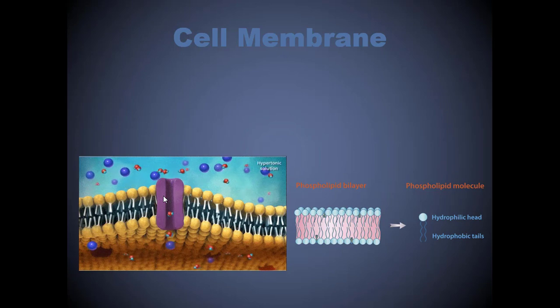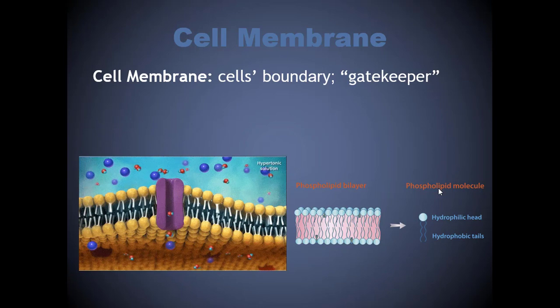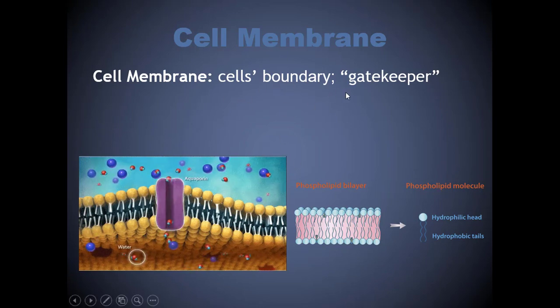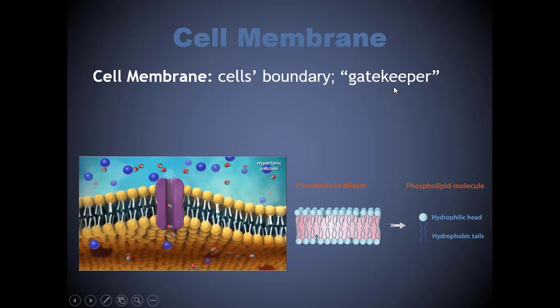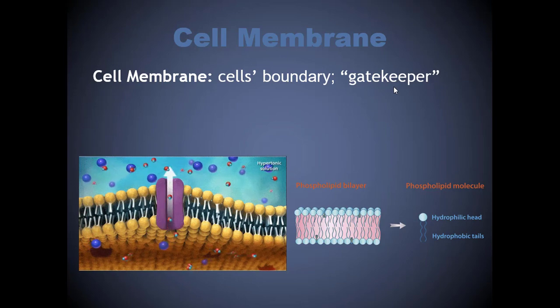Okay, so let's look at the structure. We said that it's a phospholipid bilayer. The cell membrane surrounds the cell, so it's the gatekeeper. If we go to the club, that would be the bouncer, allowing some people who are of appropriate age to go into the club, and those who are not will be sent out.